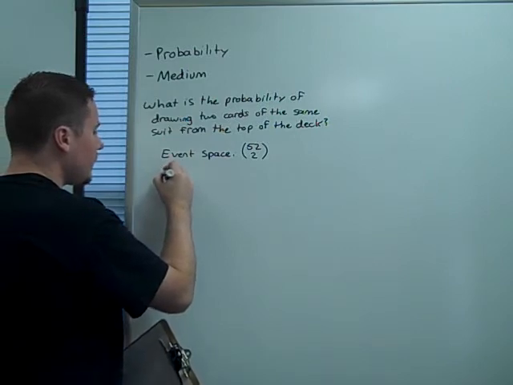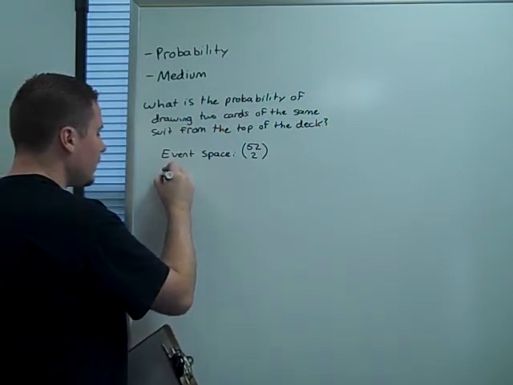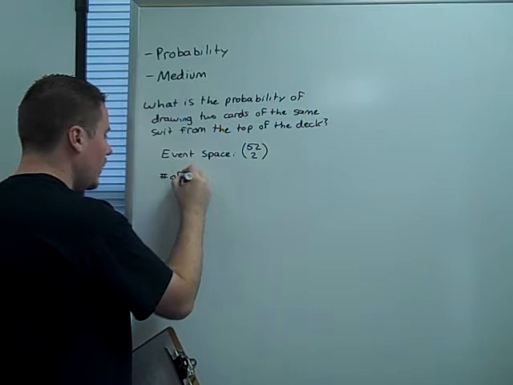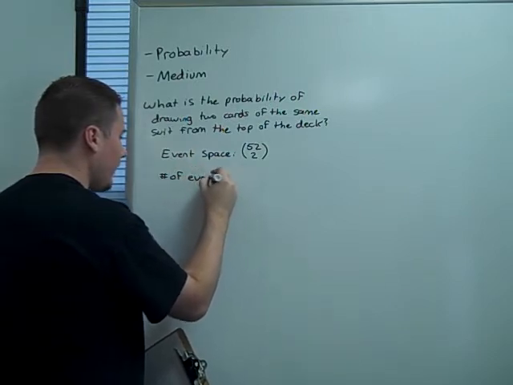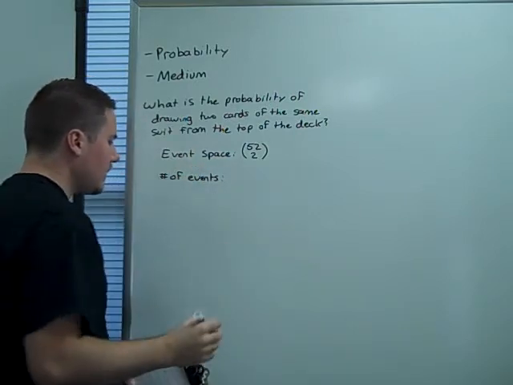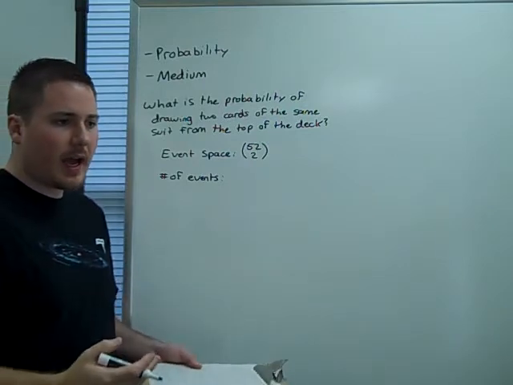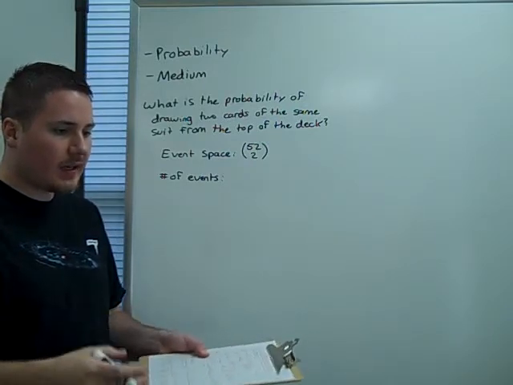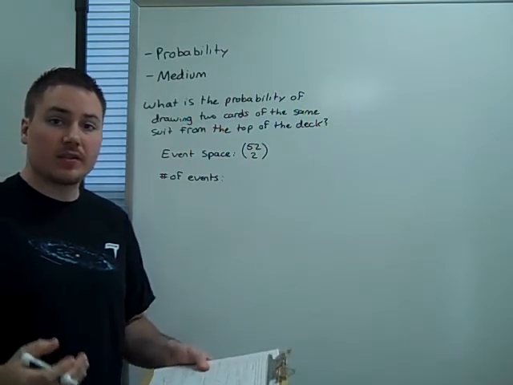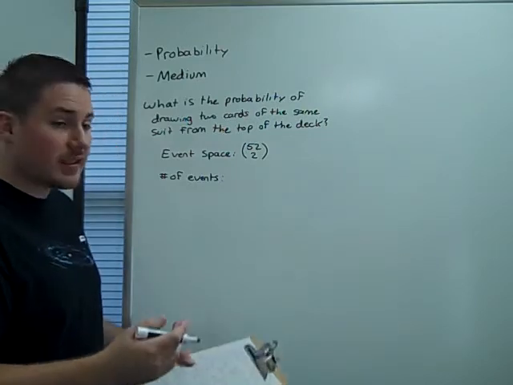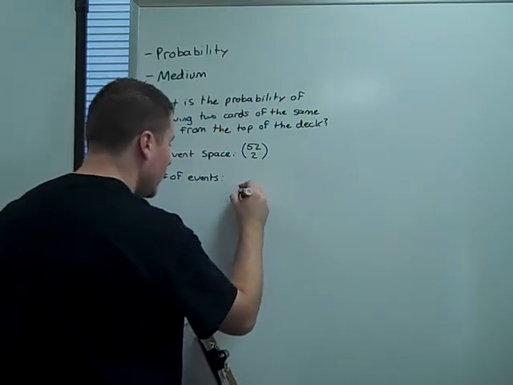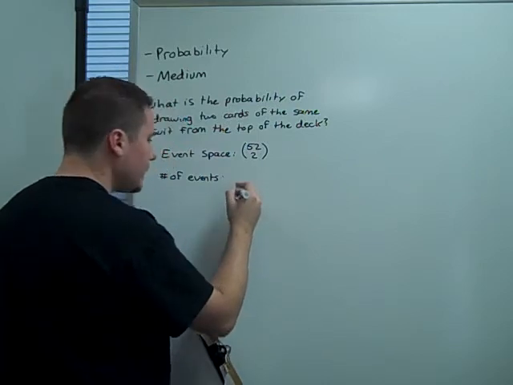Now, as for the actual number of events, that is, how many ways can we get two cards of the same suit? Well, let's consider one specific suit, the heart.